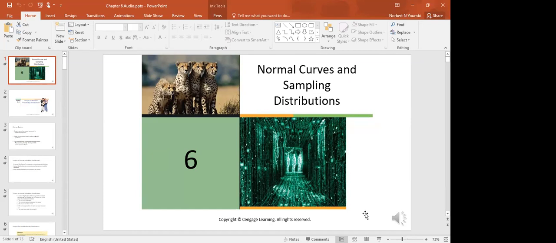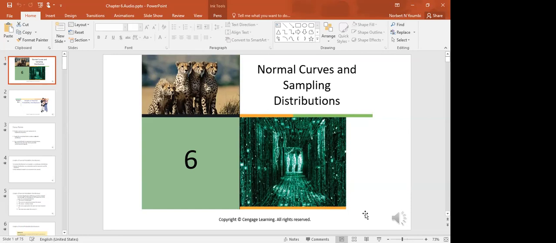We call a distribution normal if the curve of that distribution has the following property. The curve is the shape, and the shape is like a bell. From calculus, you should remember, if you did calculus, that you do the curve of a function.